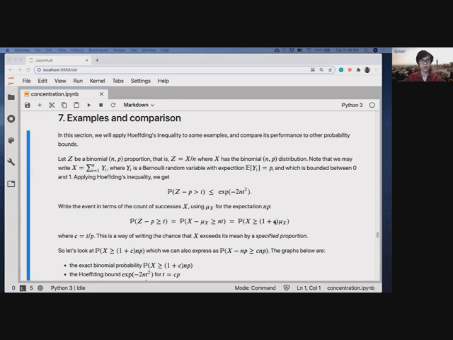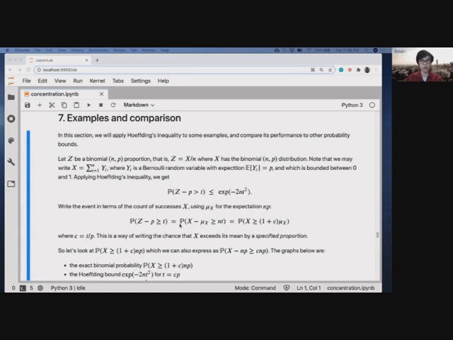Whatever C is, we need to choose T to be equal to C times P, where P was the probability of the Bernoulli. I'm just going backwards.